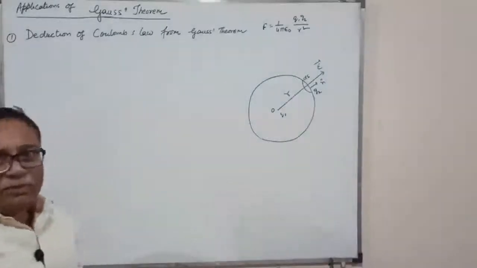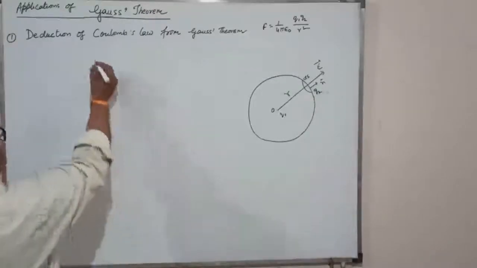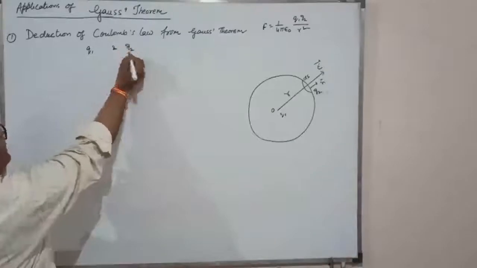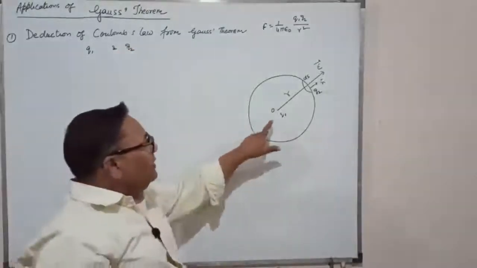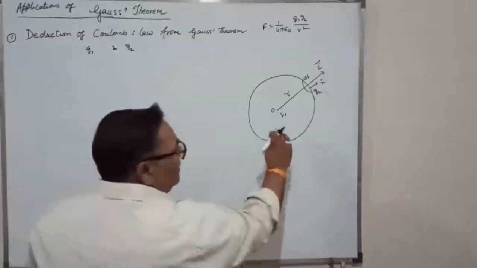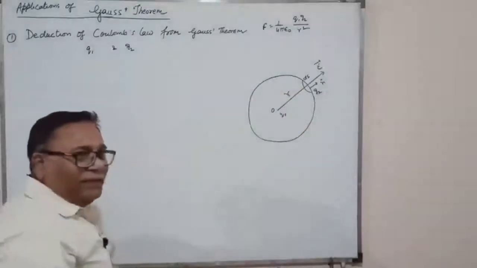This is Coulomb law. Then how we can deduce it? By using Gauss theorem. Let us consider Q1 and Q2 are the two charged particles separated by a distance r.